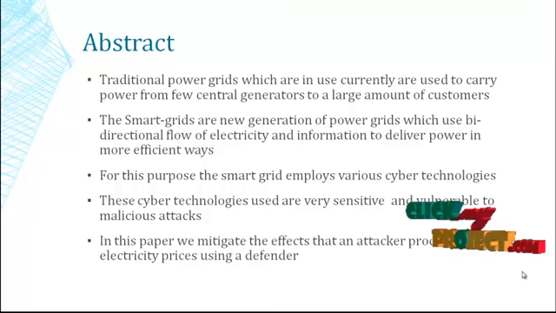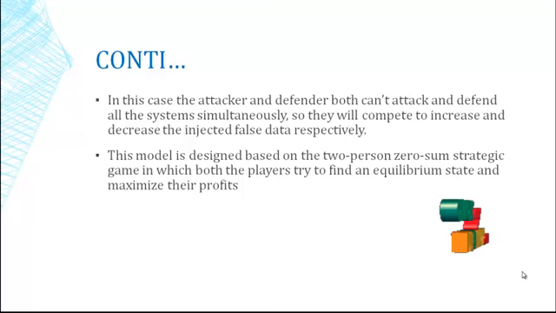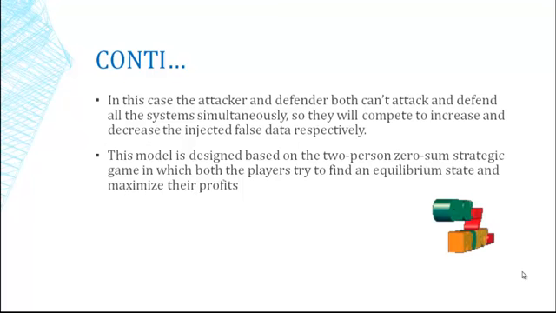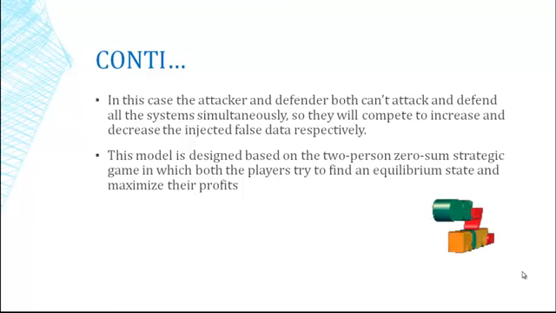In this paper, we mitigate the effects that an attacker produces on electricity prices using the defender. The attacker and defender cannot attack and defend all the systems simultaneously, so they compete to increase and decrease the injected false data respectively.